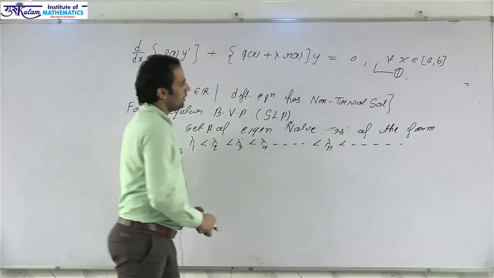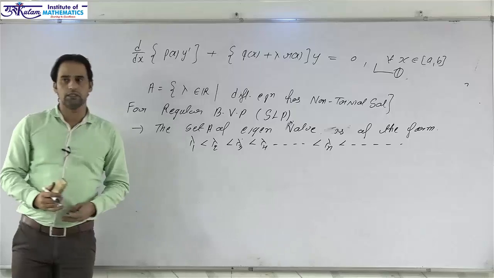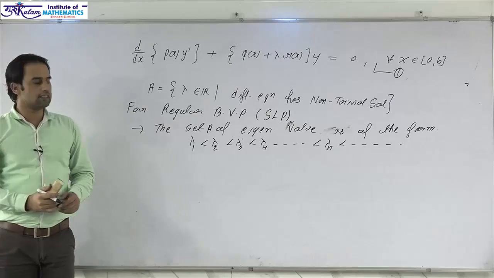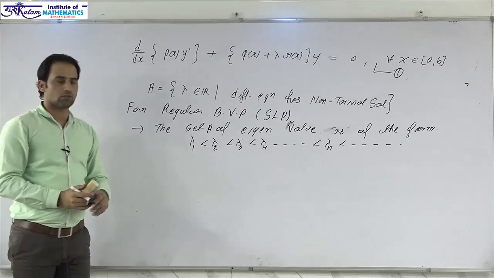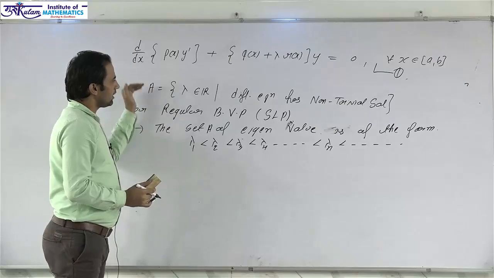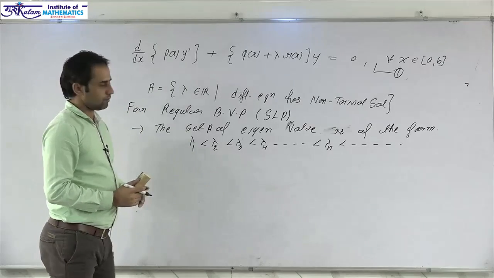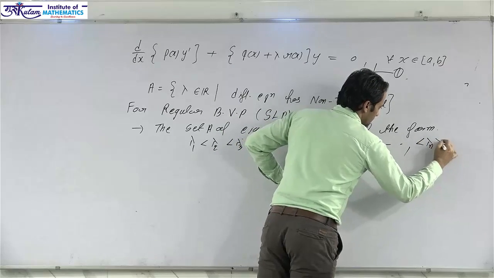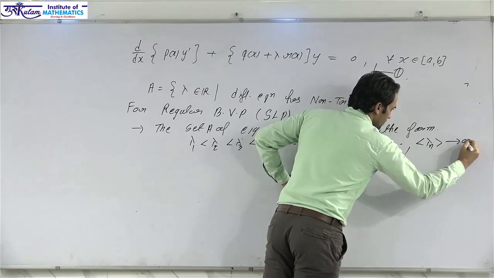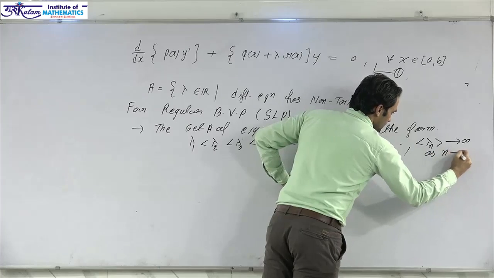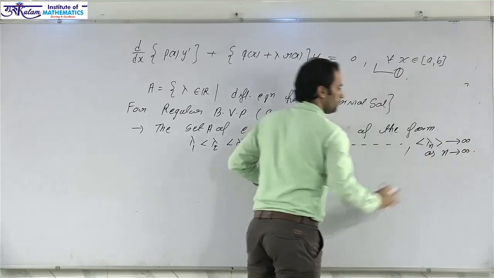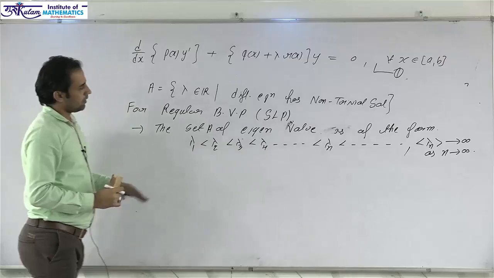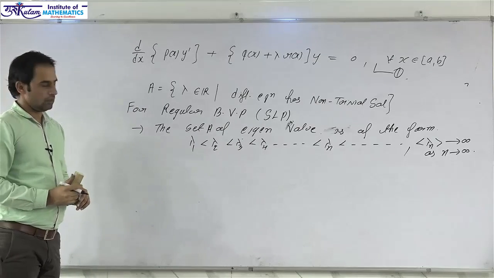Since we have written down the first property, the set of eigenvalues can be arranged into a strictly increasing sequence. So we are assuming that this set can be arranged into this form, and this sequence lambda n diverges to plus infinity as n tends to infinity. So this is the arrangement of eigenvalues.